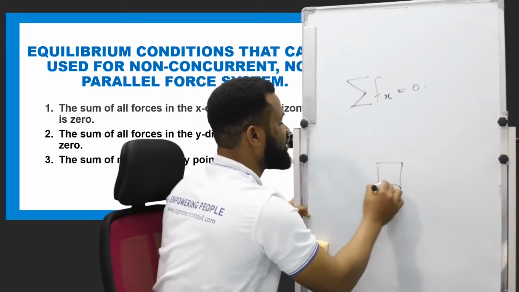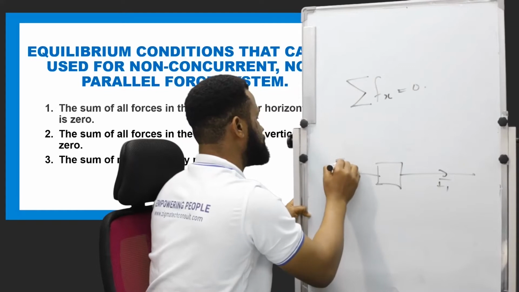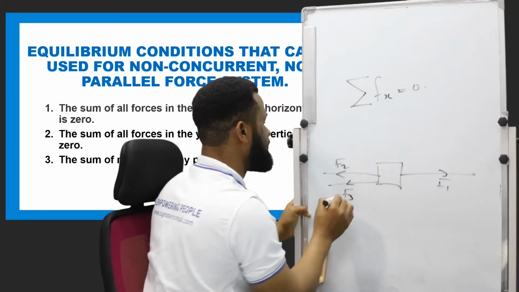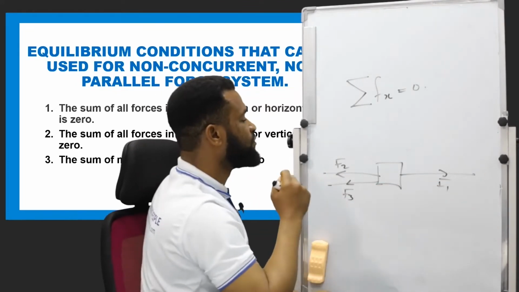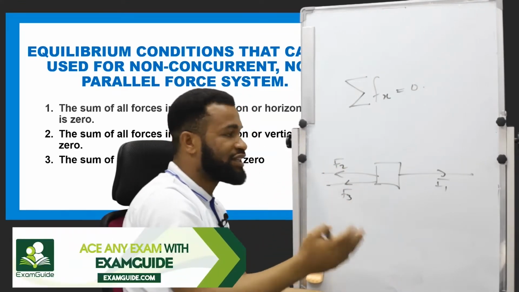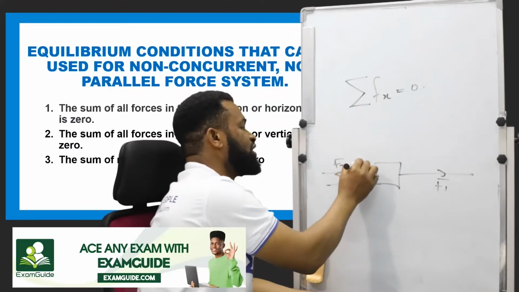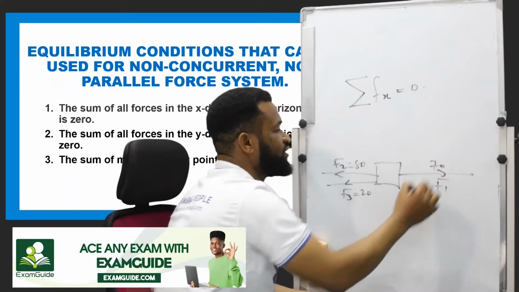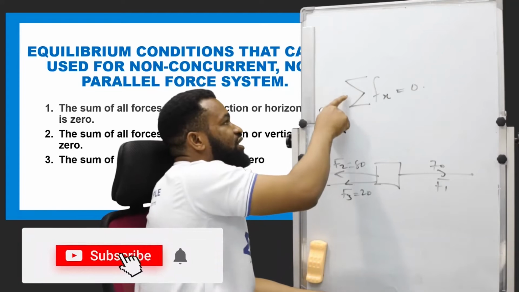Assume this is a body with a force F1, another force F2, and another force F3 helping. Now, all of them are in the horizontal direction, right? F2 and F3 are likely to be more than this, depending on the magnitude of the force. For example, if F2 is 80, F3 is 20, and F1 is maybe 70, you know that F2 and F3 together are greater. Now, look at this sign, sigma.